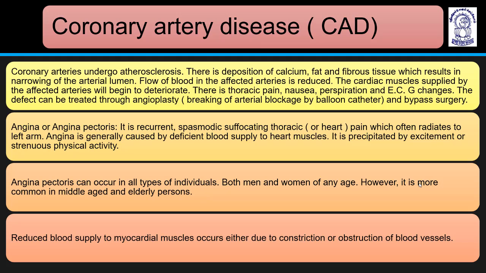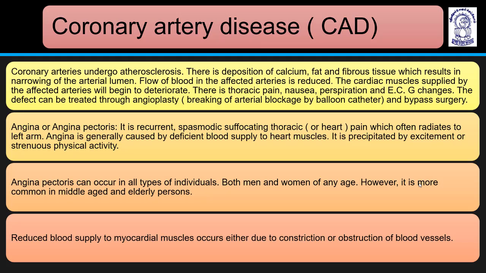Flow of blood in the affected arteries is reduced because of this. The cardiac muscles supplied by the affected arteries will begin to deteriorate. There is thoracic pain, nausea, perspiration, meaning sweating, and changes in the ECG. The defect can be treated through angioplasty, that is breaking of arterial blockage by balloon catheter, and by bypass surgery.